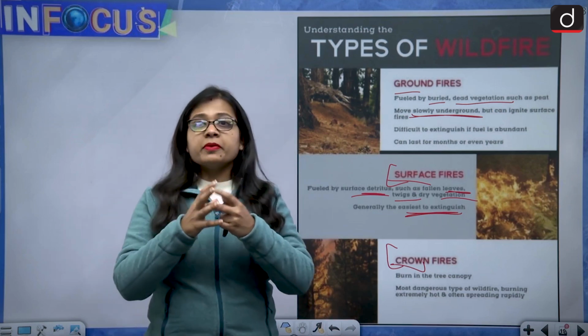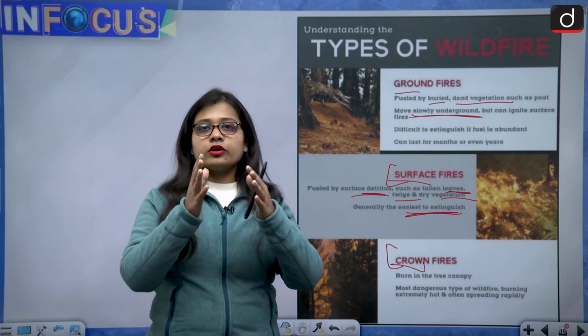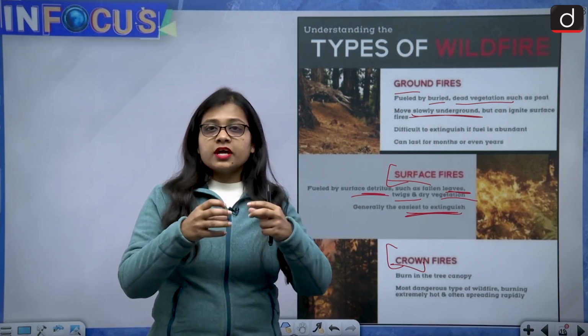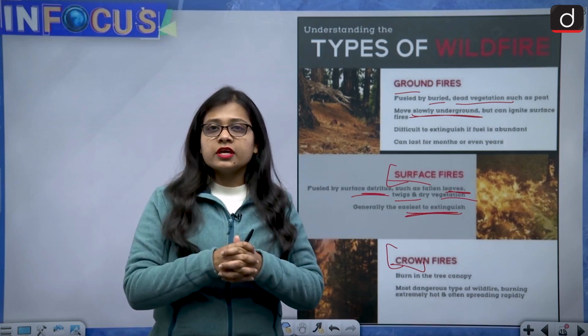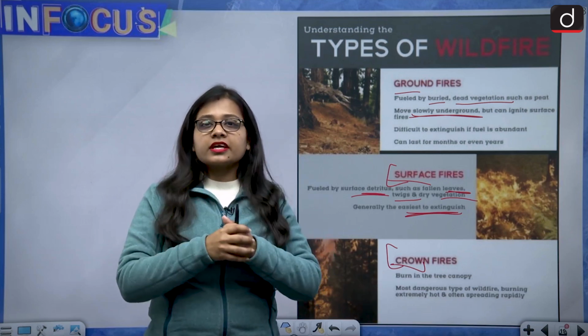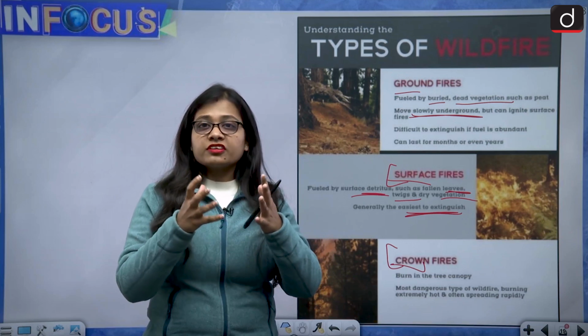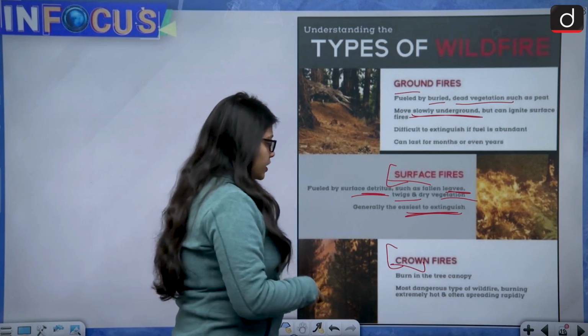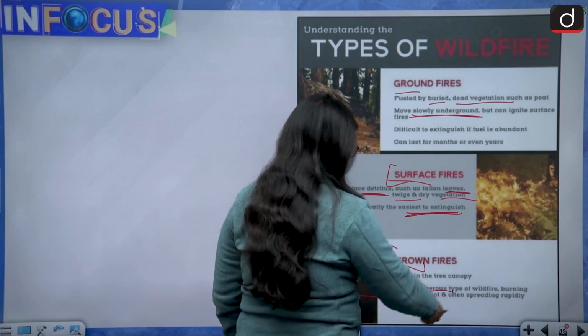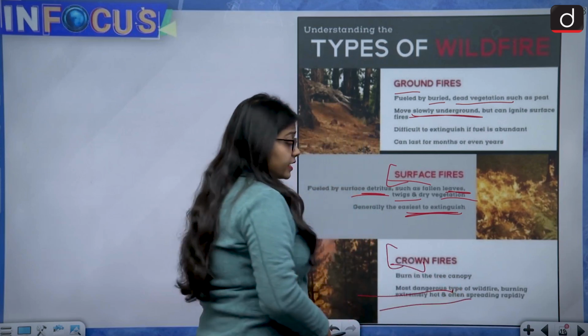So the images that you see majorly on social media or in television or newspapers, the huge fire which we see, is basically a type of crown fire, because the canopy of trees is burning, and they are the most dangerous type of wildfire, burning extremely hot and spreading rapidly.